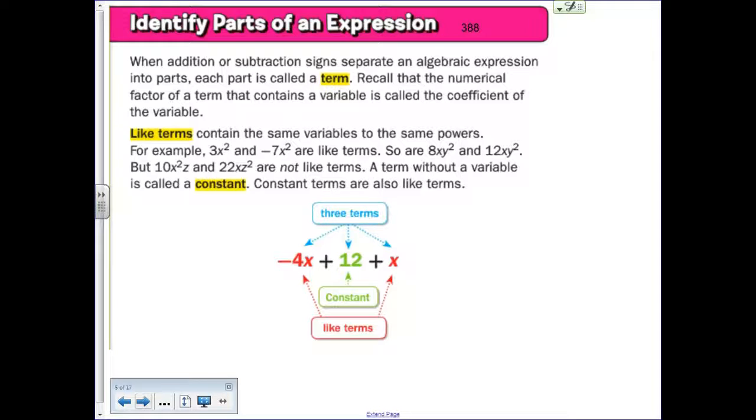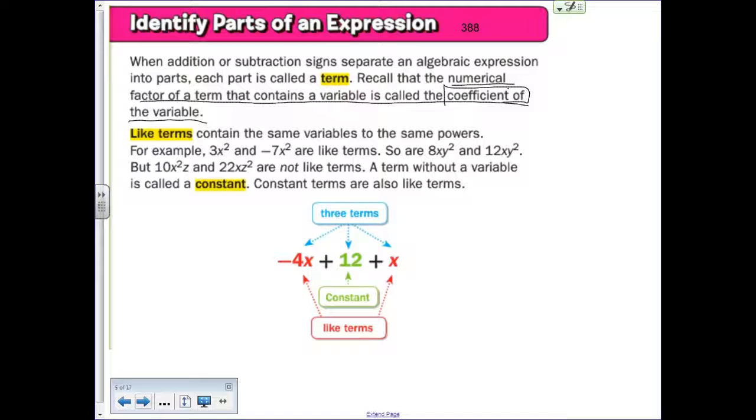expression. It says here on page 388, when addition or subtraction signs separate an algebraic expression into parts, each part is called a term. Recall that the numerical factor of a term that contains a variable is called the coefficient of the variable.